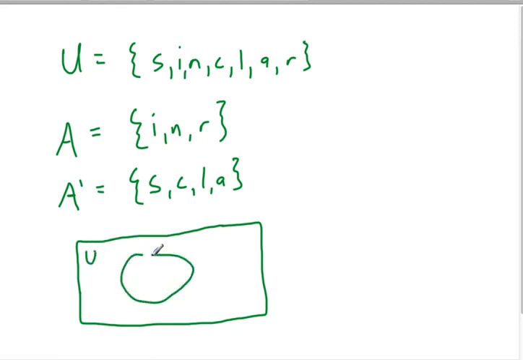So in the circle, in the set, we have I, N, and R. And then still part of the universal set, but on the outside would be S, C, L, A. And notice that whole box here represents the universal set, which is S, I, N, C, L, A, R. Here's the subset. Oops, we want to call that subset A. And then here is the A prime out here. All right.